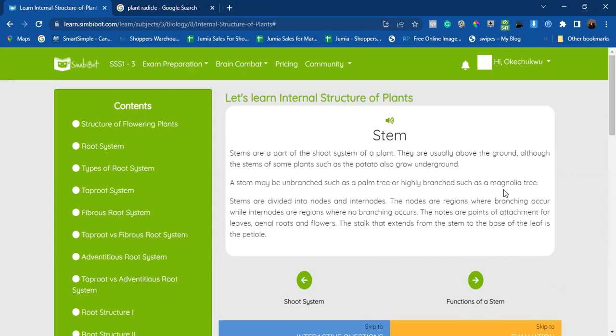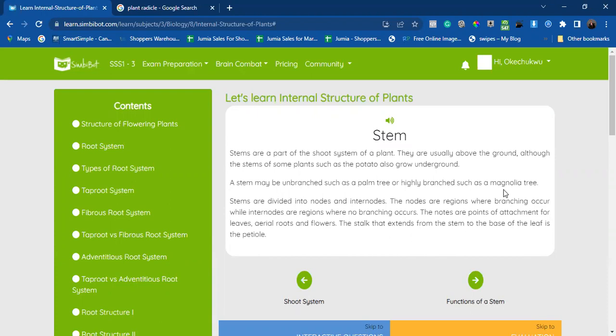Now, for plants like potato, the stem grows on the ground. Plants like cassava, you plant the stem on the ground and the stem becomes the organ of reproduction. That's for cassava.